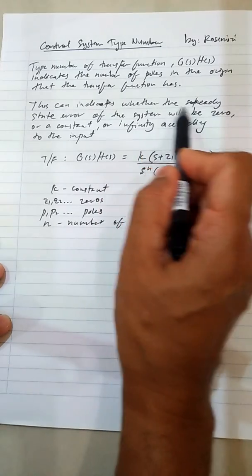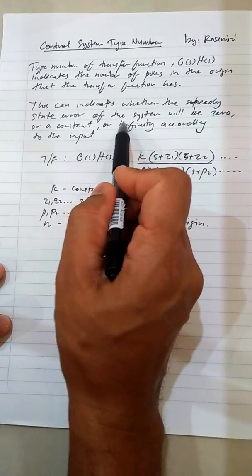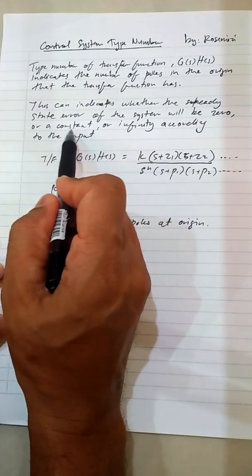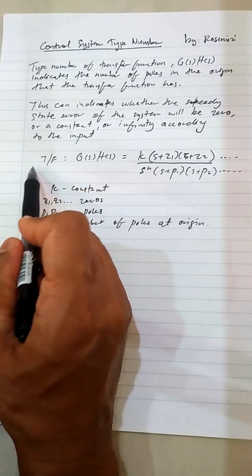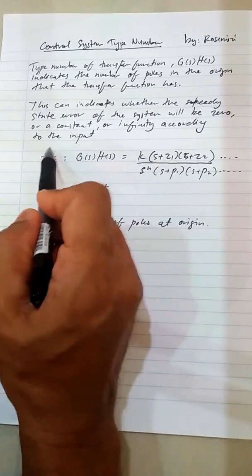This can indicate whether the steady state error of the system will be 0, constant, or infinity, according to the input.